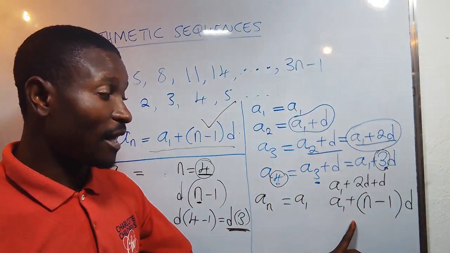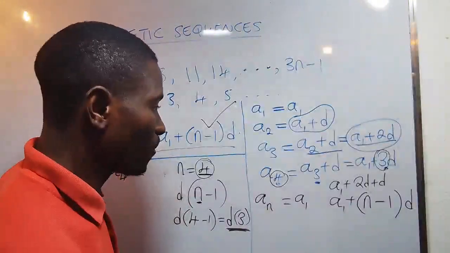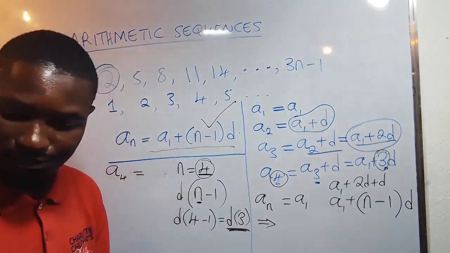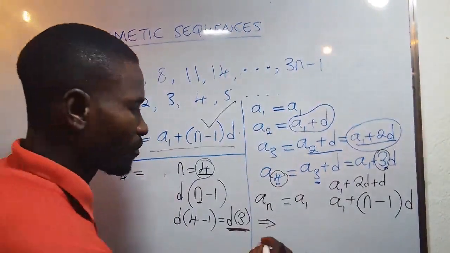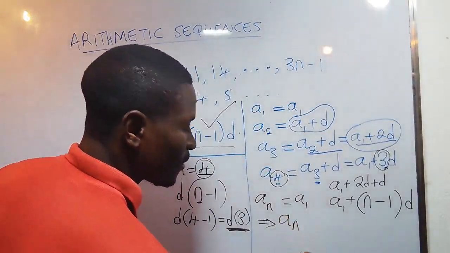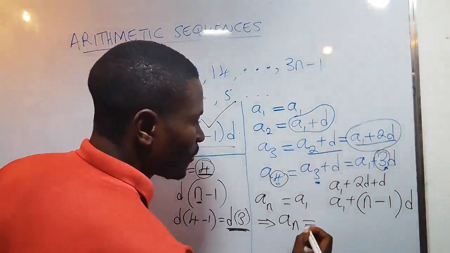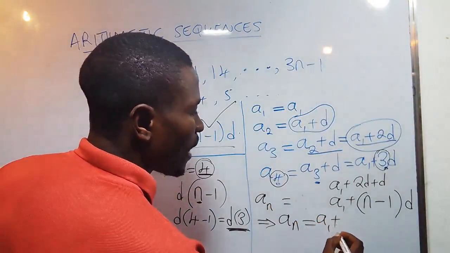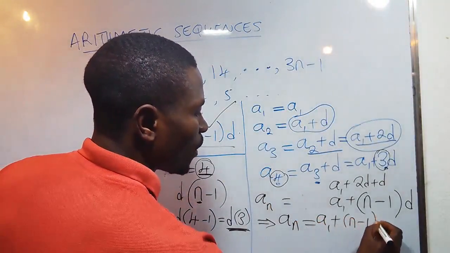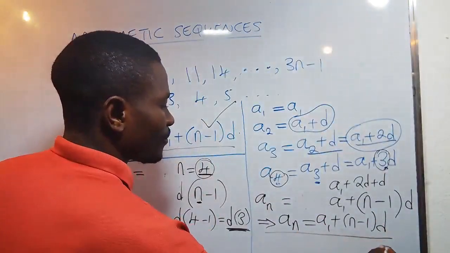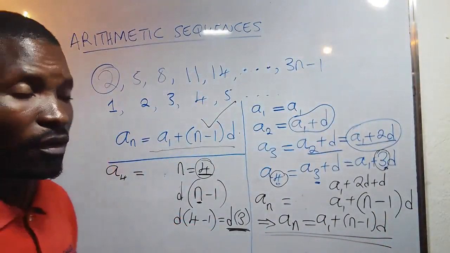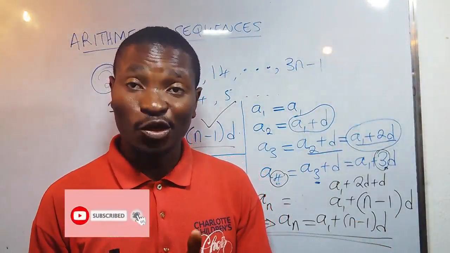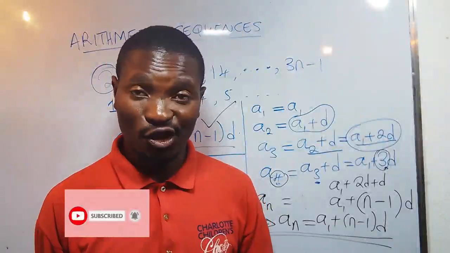Okay? Are you getting that? So now, therefore, an equals A1 plus (n minus 1) d. Okay. So that's how you derive the formula for the nth term.